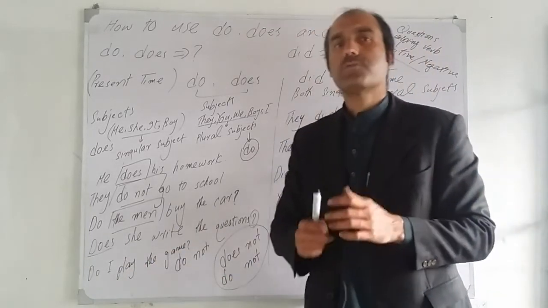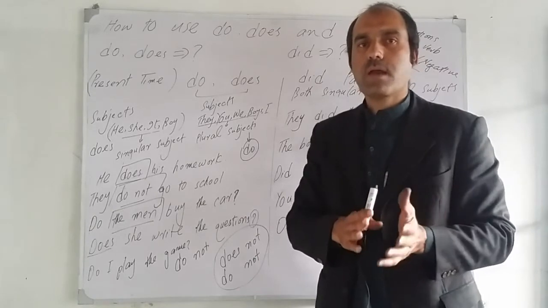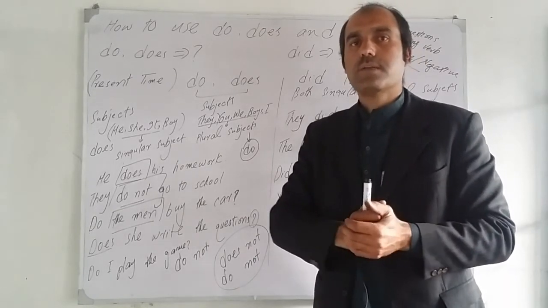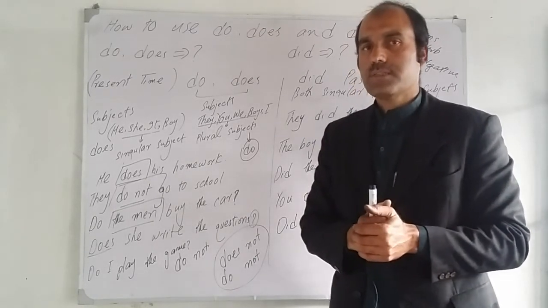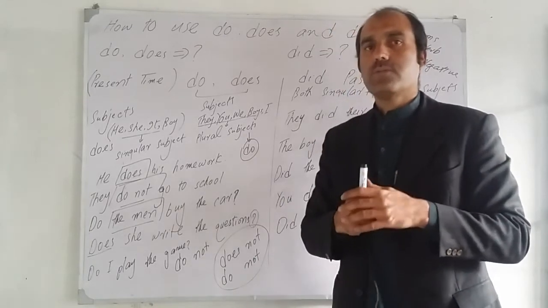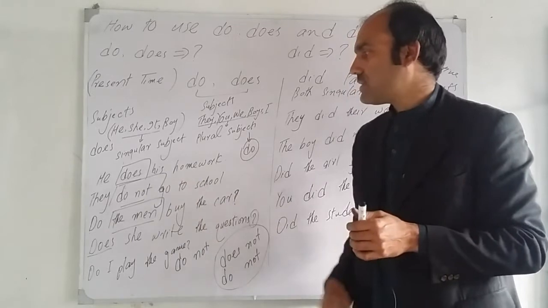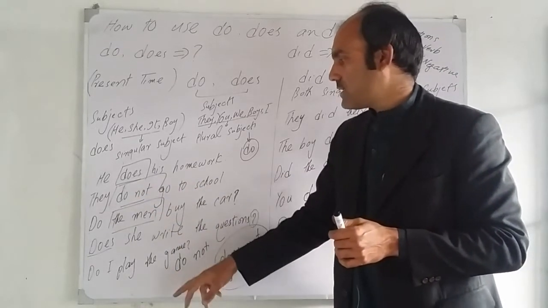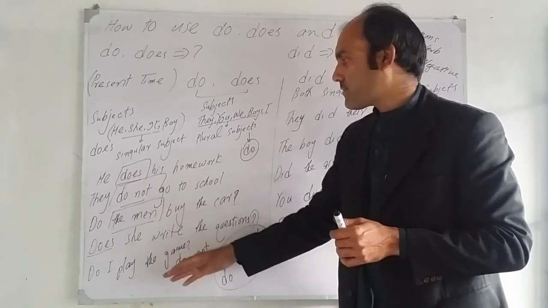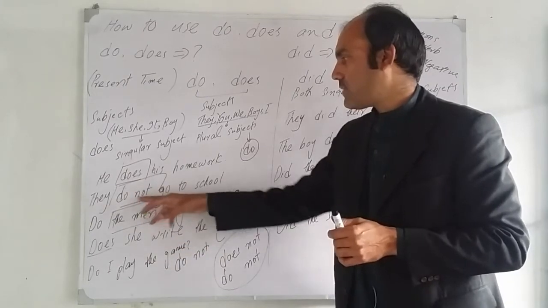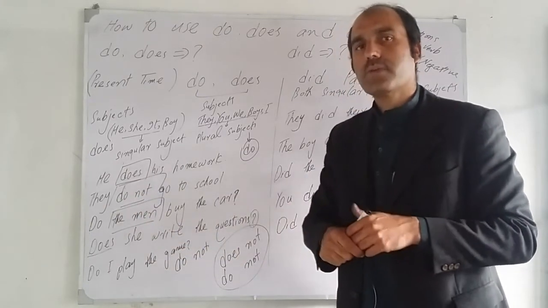Whenever you put do or does at the beginning of the sentence, that is called an interrogative sentence. And when you put does not and do not, they are called negative sentences. You can see an example here.